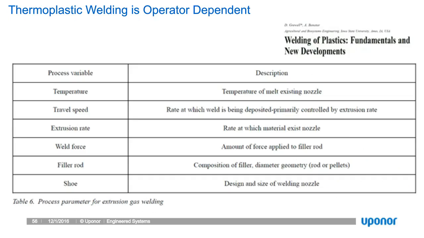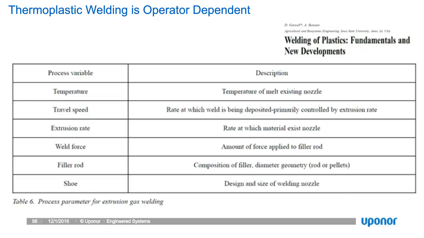This is just a snapshot from the fundamentals of thermoplastic fusion welding that speaks to the critical nature of operator training and quality control procedures: the temperature of the nozzle, the base material, preparation of the joint, the amount of pressure applied to the system, and also the rate at which material is being applied are critical operator-dependent elements.